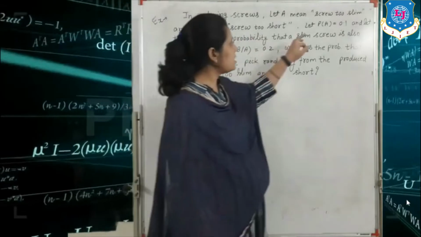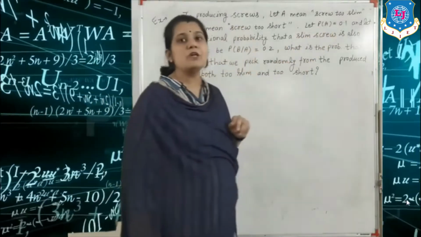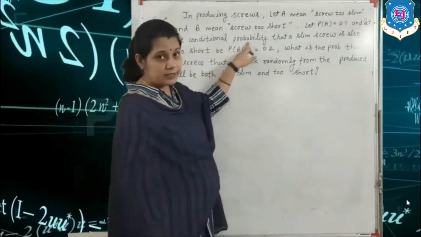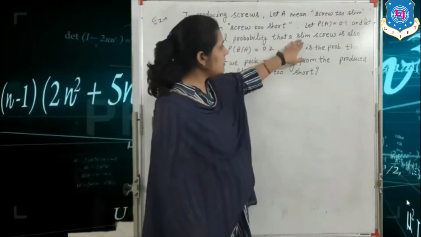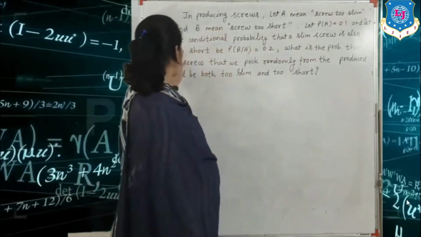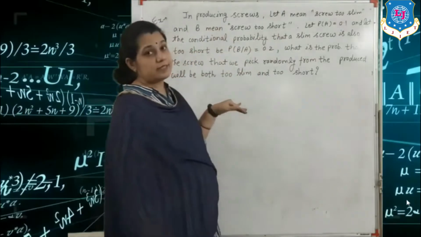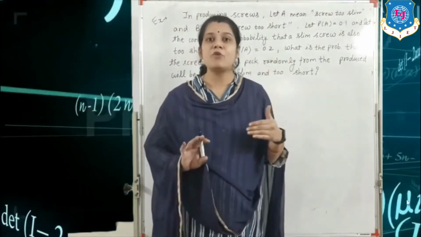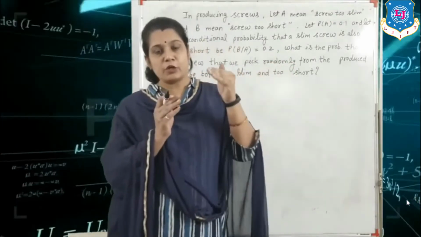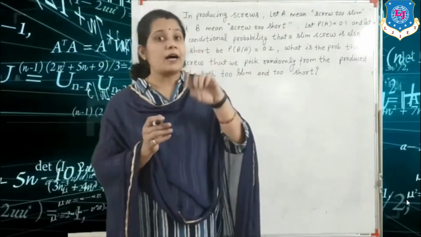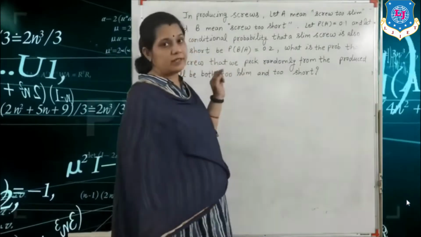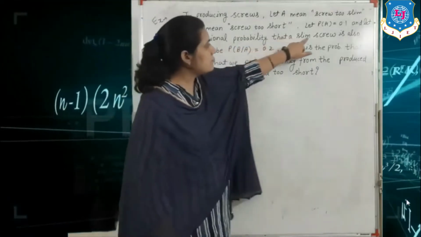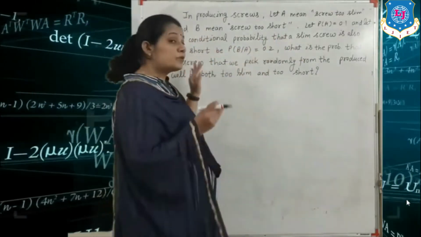Next, let the probability of A be equal to 0.1 and let the conditional probability that a slim screw is also too short be given. That means first the screw is short, after that the slim. Read carefully: the conditional probability that a slim screw is also too short.